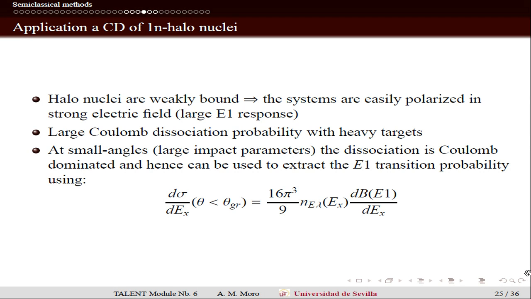So if we concentrate, according to the discussion in the previous slide, in a region for which we are sure that Coulomb dominates, so small scattering angles, then we can extract the B1 distribution from the Coulomb dissociation cross-section as a function of the excitation energy, because these two quantities in this approximation are related to each other by this simple quantity.